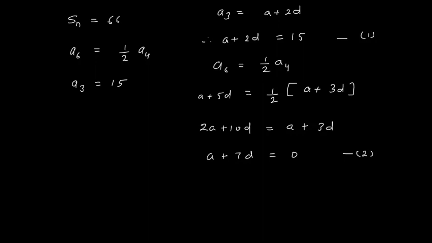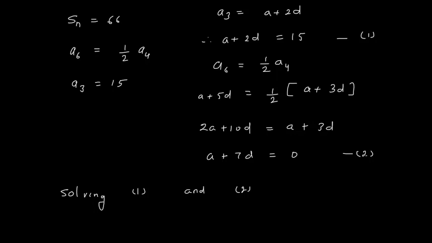Now I will subtract equation 2 from equation 1. So solving equations 1 and 2, when you subtract, 2D minus 7D, you will get minus 5D.